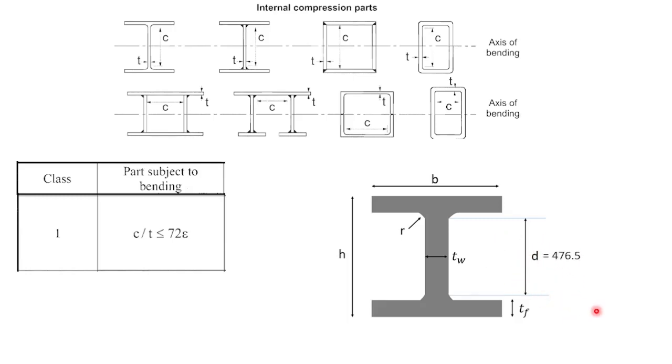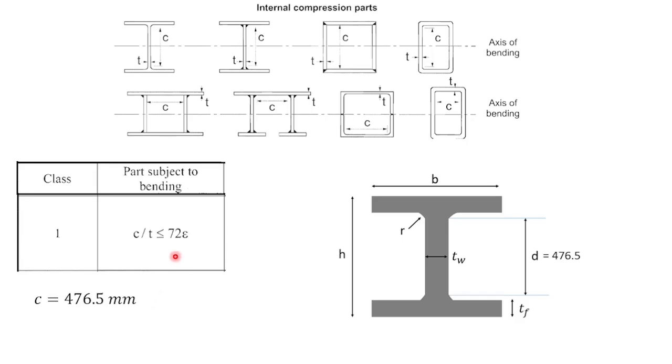This value is 476.5 millimeters. I already showed you how to extract this from the steel blue book. If you didn't watch the previous videos, please watch video 1. There I explained how to get these lengths. So c is equal to 476.5 millimeters.